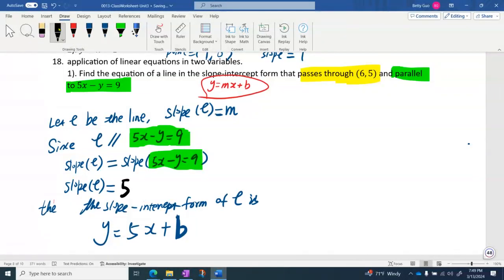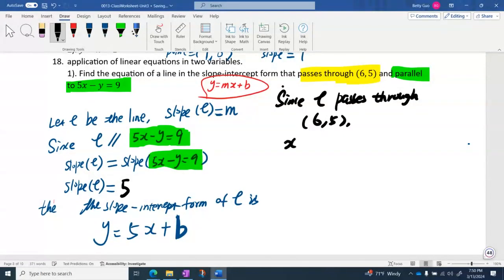Now I'm going to do the second part. We have another piece of information in yellow. Since L passes through (6, 5), x equals 6, y equals 5 satisfy y equals 5x plus b.